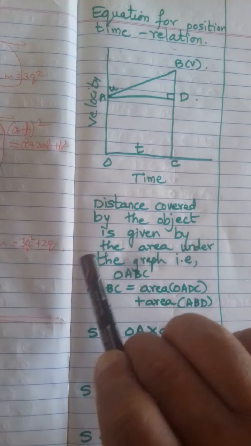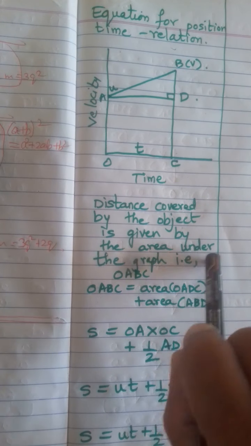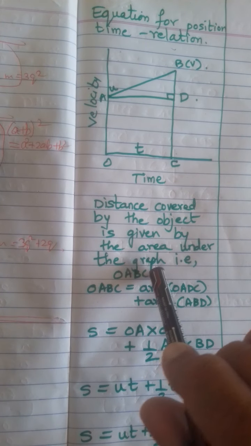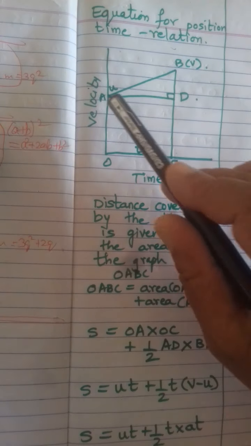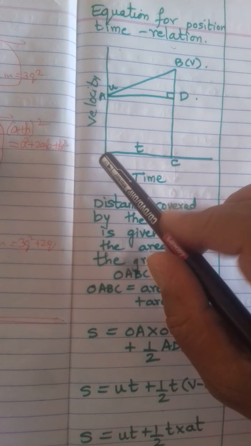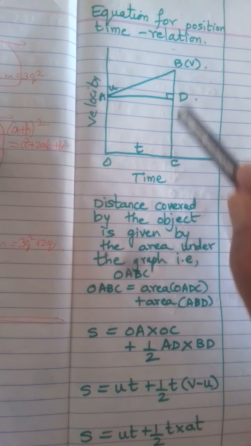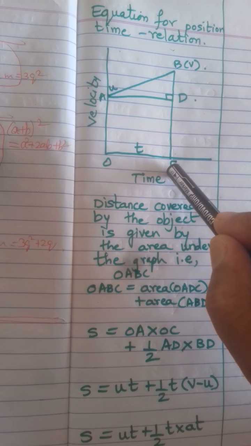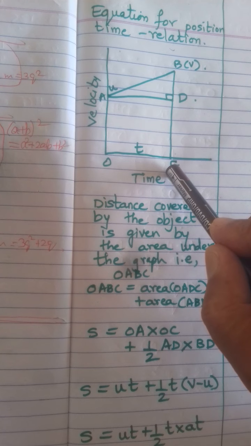To derive the equation for position time relation, we know the distance covered by the object is given by the area under the graph, that is the v-t graph. That is area OABC. So area OABC gives the distance covered by the object in a time interval of t seconds.